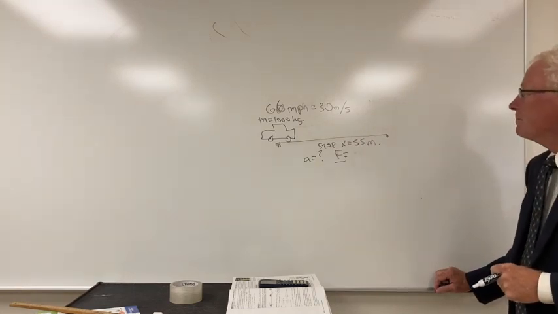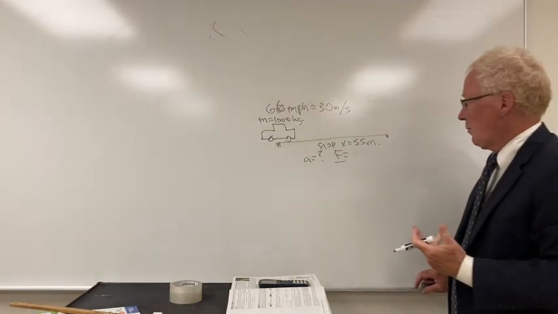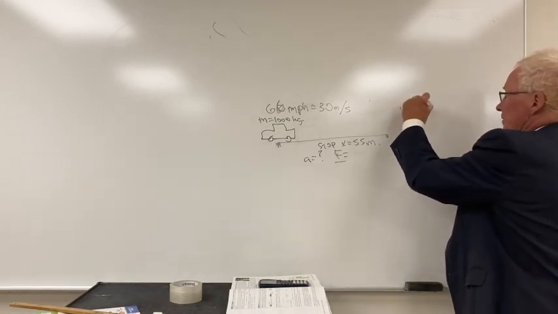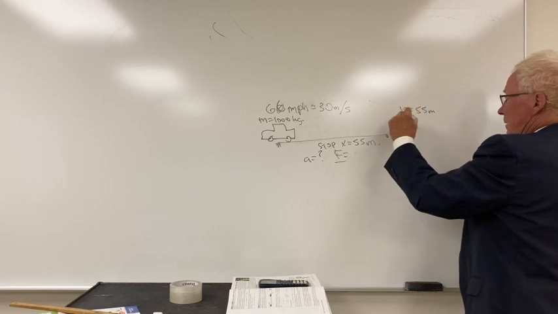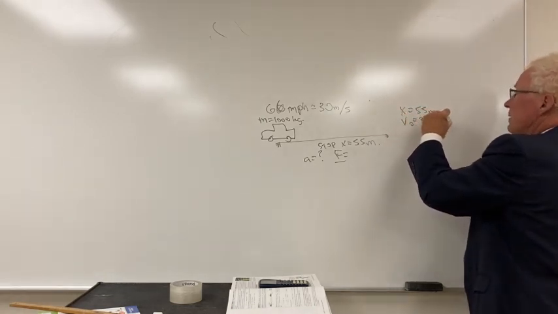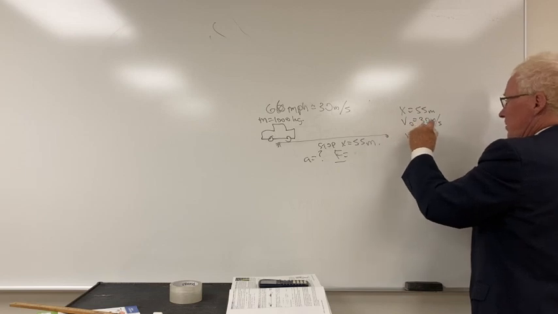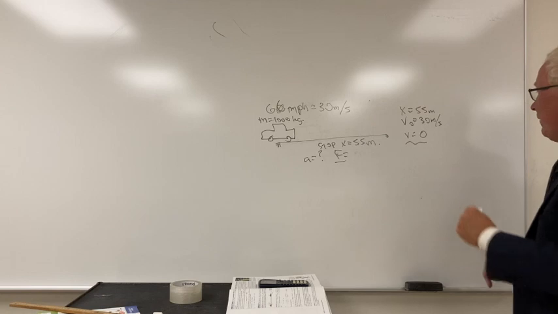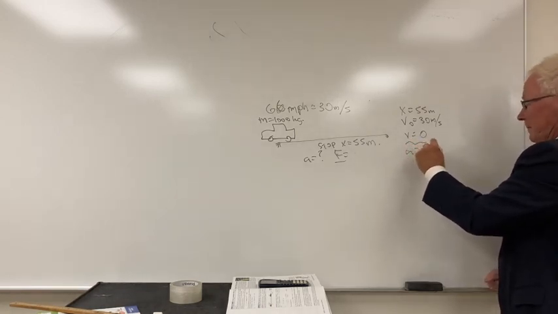All right, so let's do this problem. What do we know? We know X is 55 meters. We know V naught is 30 meters per second. And V final is 0. So we're trying to find the acceleration.